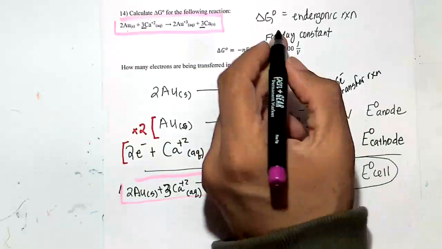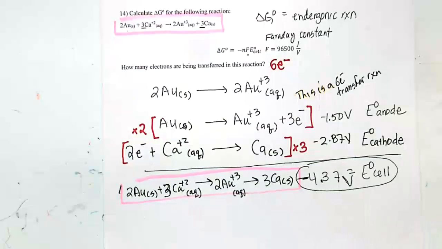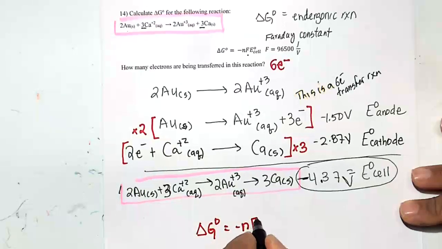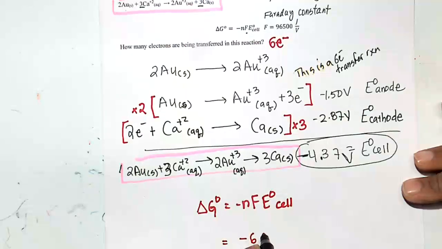How many electrons are being transferred in this reaction? 6 electrons. So now we'll use our equation. Delta G is equal to minus NF E cell. Okay, so minus N is minus 6 moles of an electron.